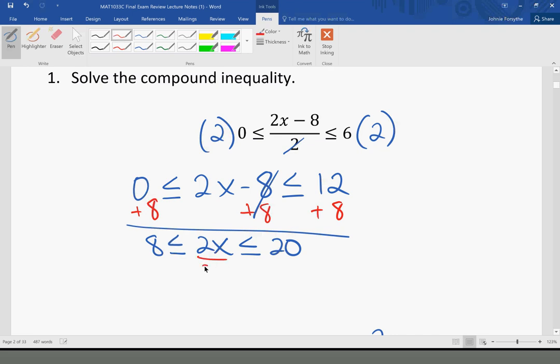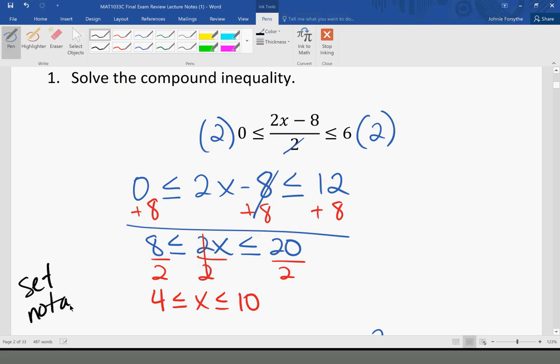And then finally, we want to divide by 2 because we're trying to solve for x. 8 divided by 2 is 4, which is less than or equal to x, which is less than or equal to 10. So this is the answer in set builder notation.